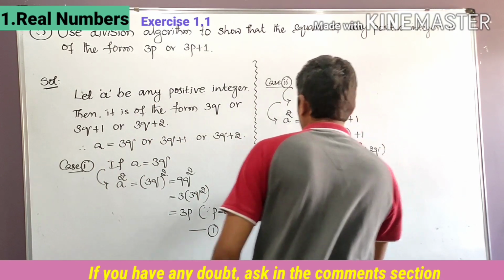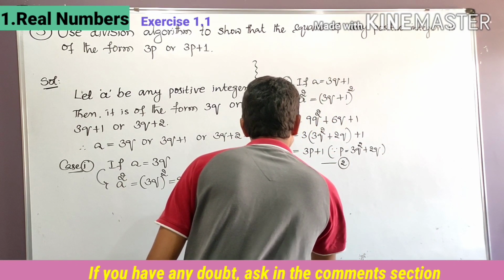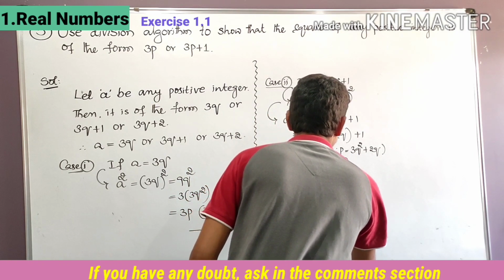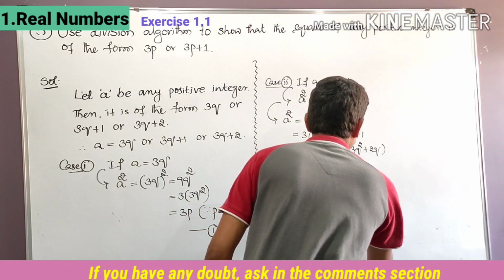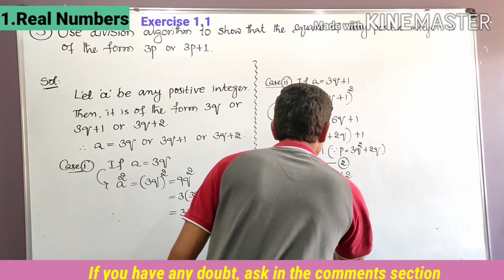Next we have case 3, the third case, student. You have to take a is equal to 3q plus 2. In the third case, if a is equal to 3q plus 2, again by squaring on both sides we get a square is equal to 3q plus 2 whole square.